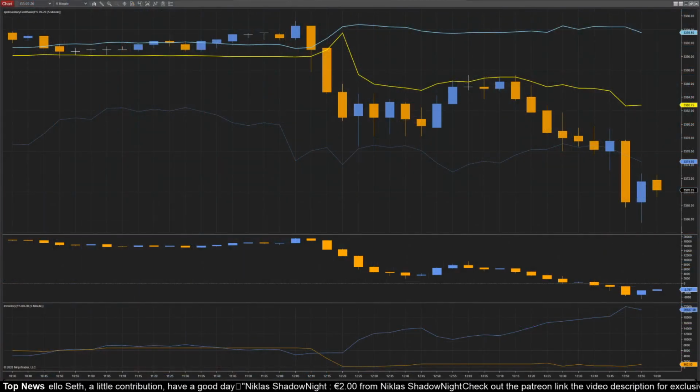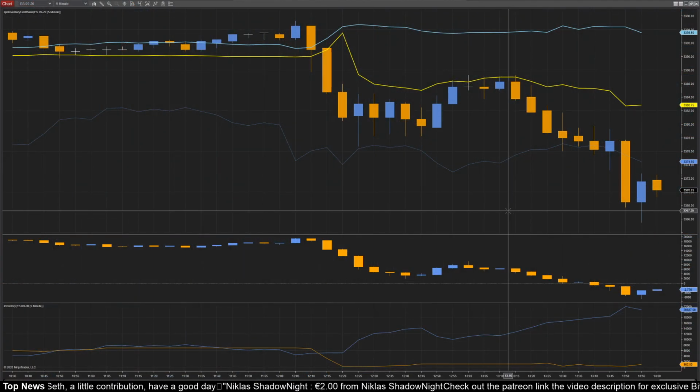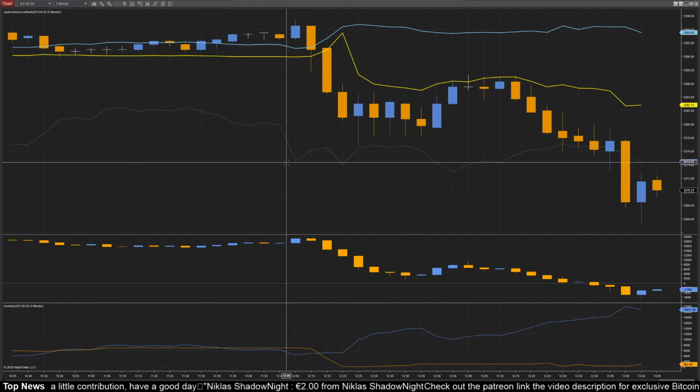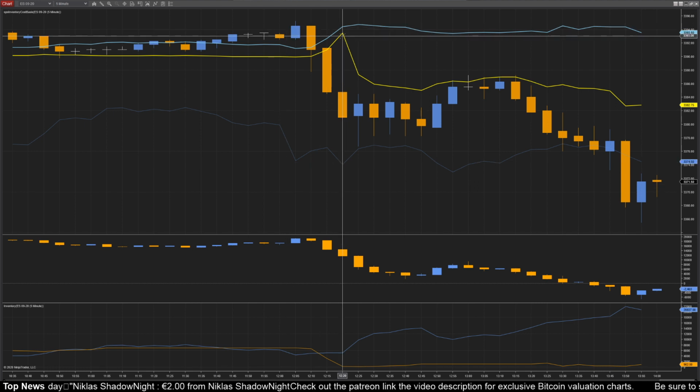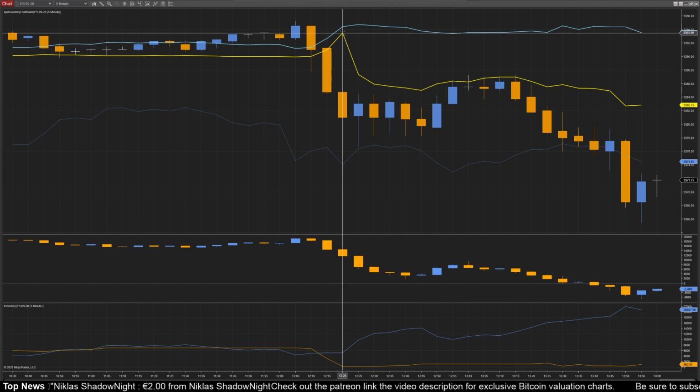If I come over here to the chart, I have a chart here that I use for my own proprietary indicator. No, I'm not going to give it to you, but what it's essentially trying to do is estimate the positions or the amount of contracts being held by passive buyers and sellers. So these strong blue and orange lines are kind of like the buyers' and sellers' cost basis for all of the contracts that they've picked up.